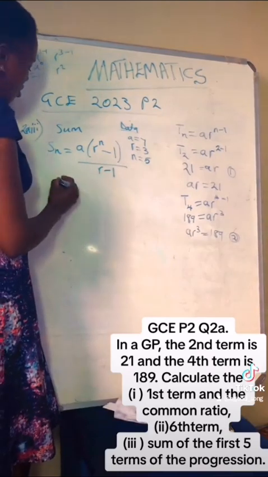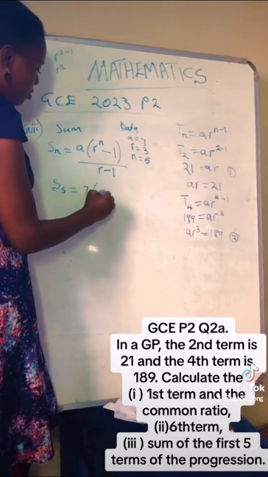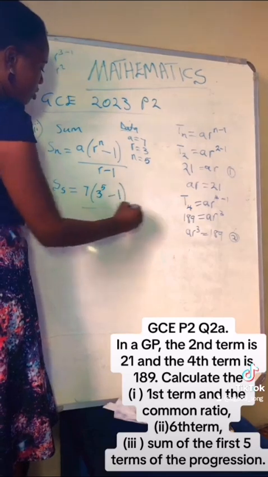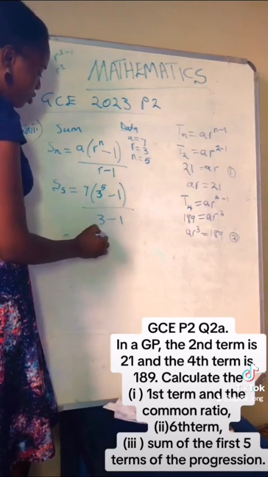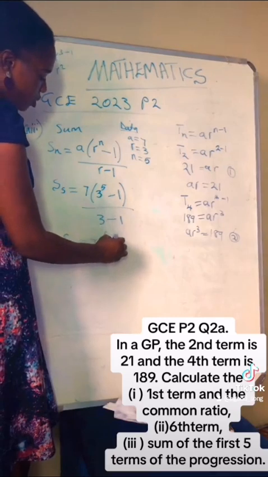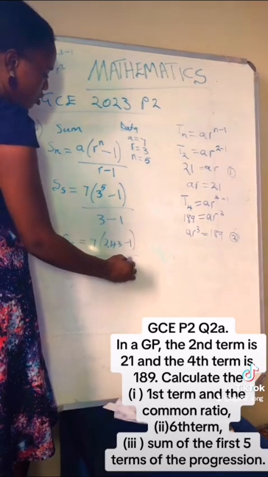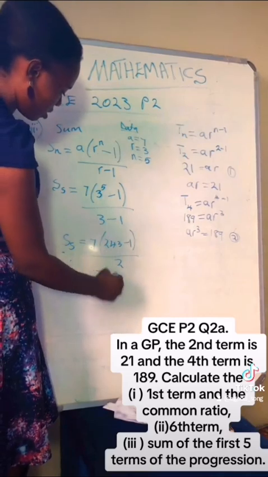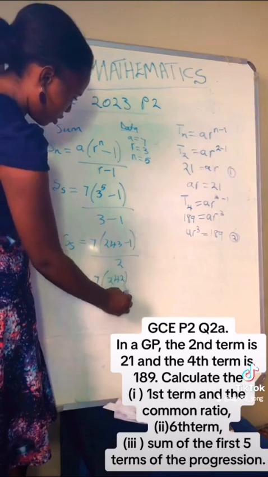Then we substitute. S5 equals 7, open brackets, 3 to the power 5 minus 1, close, over 3 minus 1. We've calculated this, so we're just recalculating. This gave us 243 minus 1 over 3 minus 1 is 2. S5 equals 7 times 242 divided by 2.